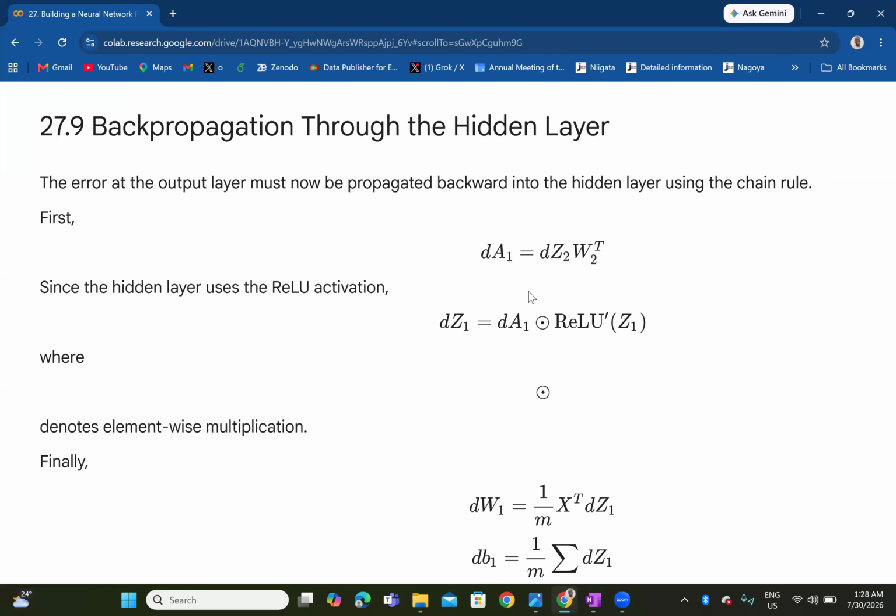So first you have dA1, which is dZ2 times W2 transpose. Since the hidden layer uses the ReLU activation, dZ1 is dA1 multiplied by ReLU prime of Z1, where this dot notation denotes element-wise multiplication.